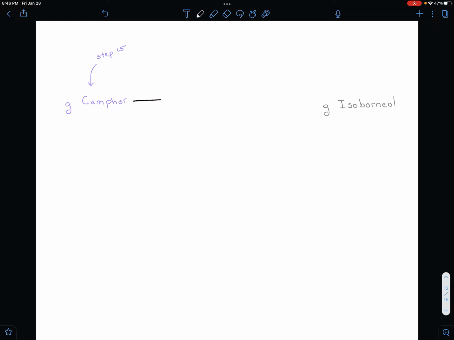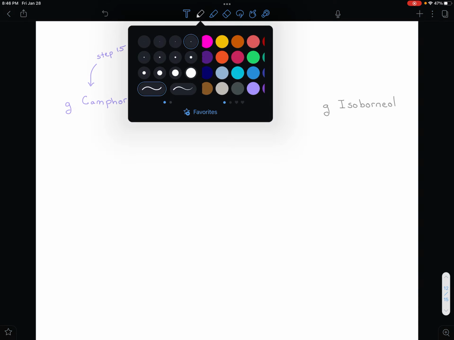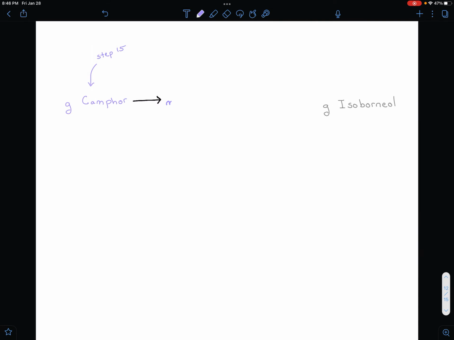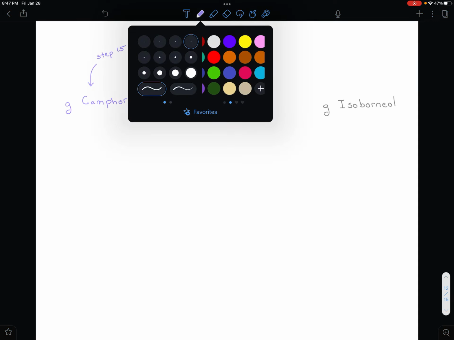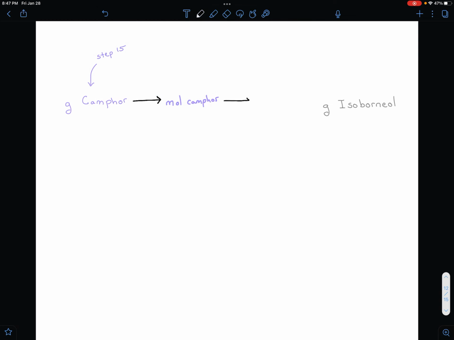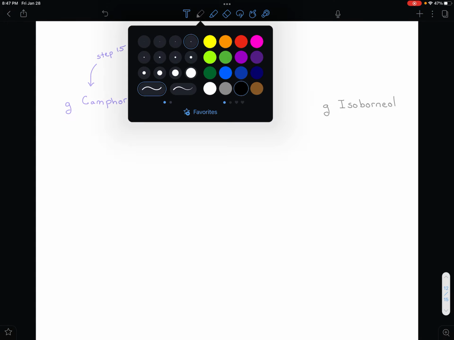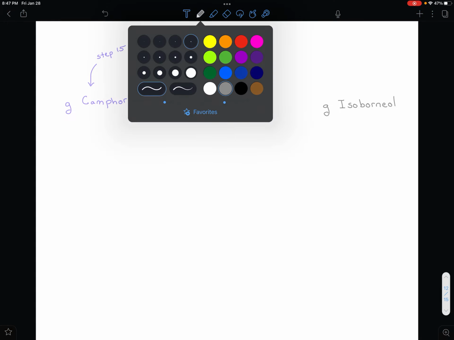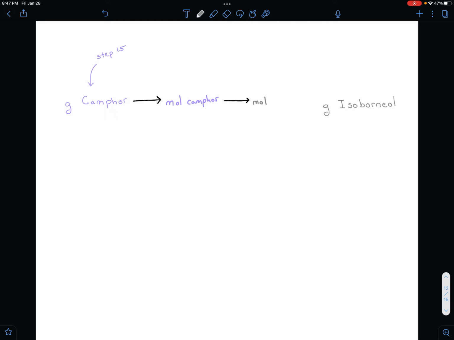You'll start with grams of camphor, but when you want to convert from grams of one thing to grams of another, you have to go through moles, so you'll convert grams of camphor into moles of camphor. Once you have moles of that thing, you can compare it to moles of the other thing using the balanced chemical equation. So once you have moles of camphor, you can convert that to moles of isoborneol.